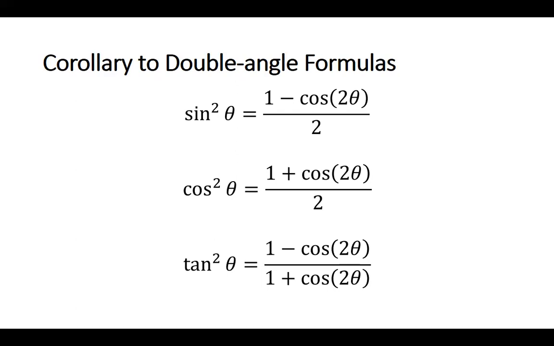So if you solve those for sine squared theta and cosine squared theta, you will end up with these functions. And then tangent squared theta, that's just sine squared over cosine squared. So put these two on top of each other and cancel out the 2's from the denominators, and you end up with that. So that's why it's considered a corollary. It's just a rewriting or reordering of a formula that you've already seen.